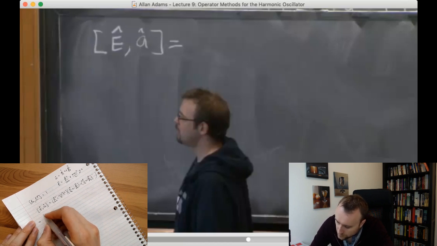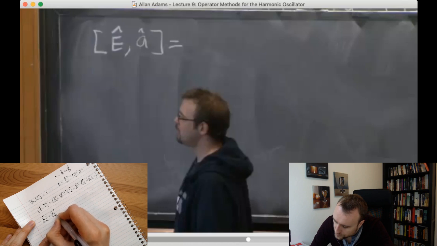So we have p hat squared x hat over 2m x0, plus i p hat cubed over 2m p0.